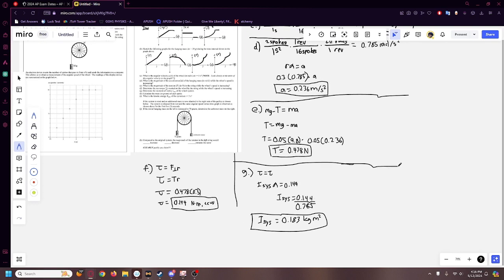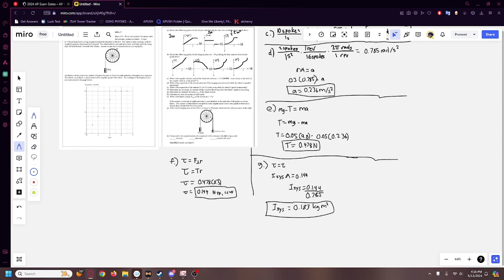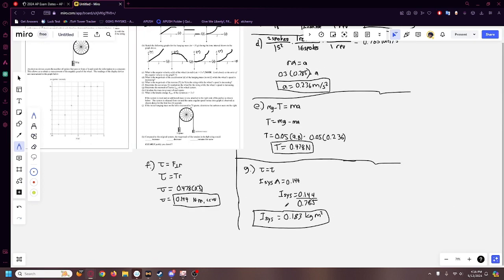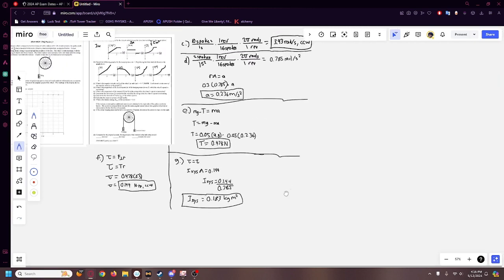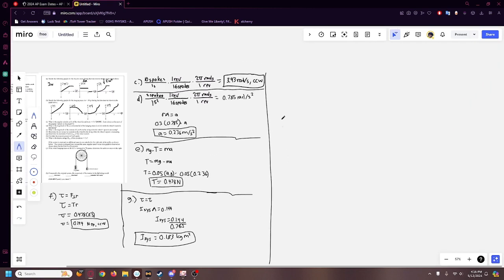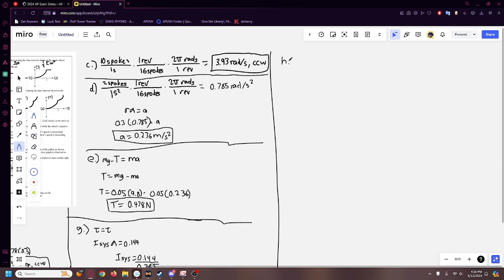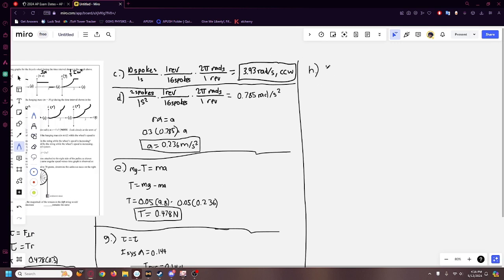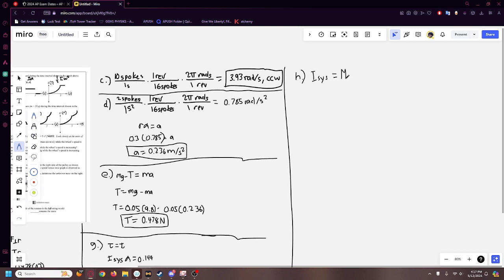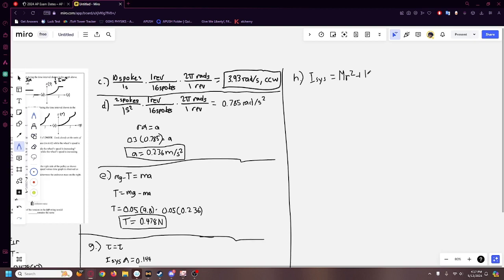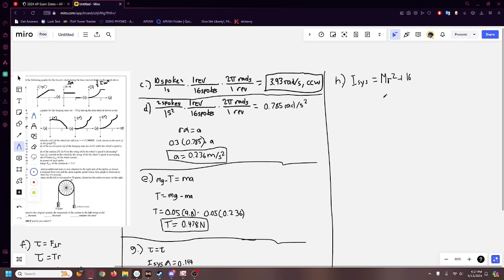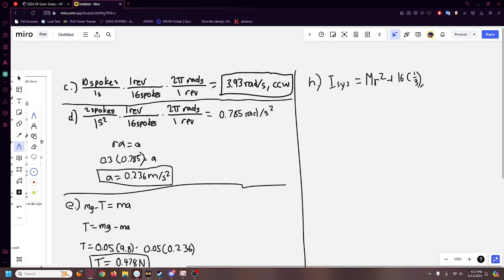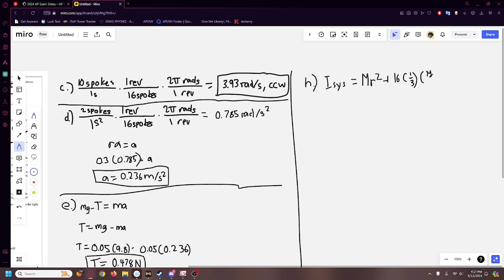Part H is asking for the mass of each spoke. So the inertia of the system is equal to M r squared plus, for 16 spokes, 1/3 because the center of mass is at the end, M over 48 is the mass of each of them, r squared.